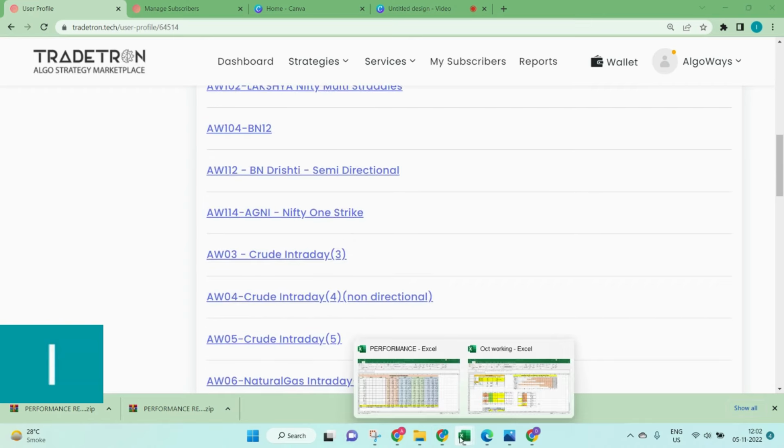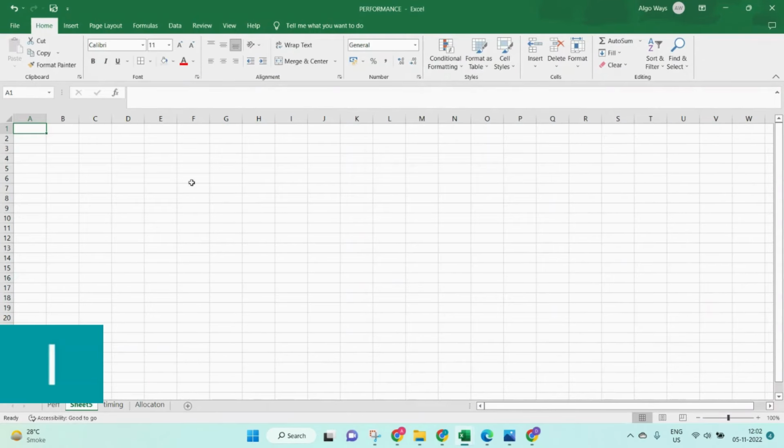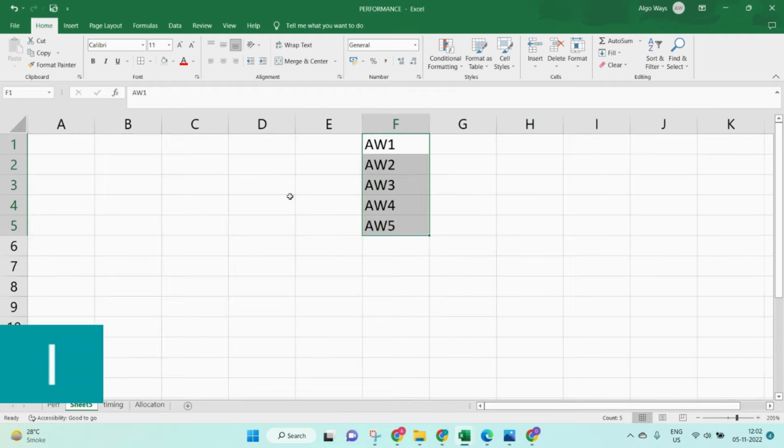If I put them here, AW1 up to 5. So these strategies are not the same strategies. Every strategy has its own defined logic for entry as well as for management of adjustment.